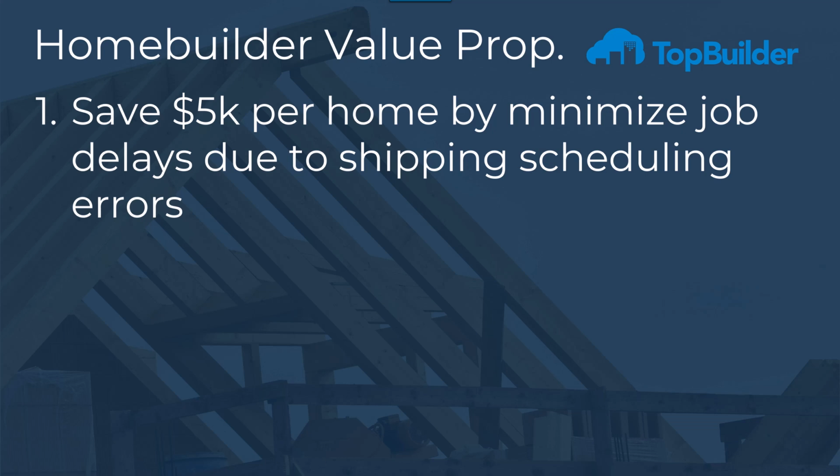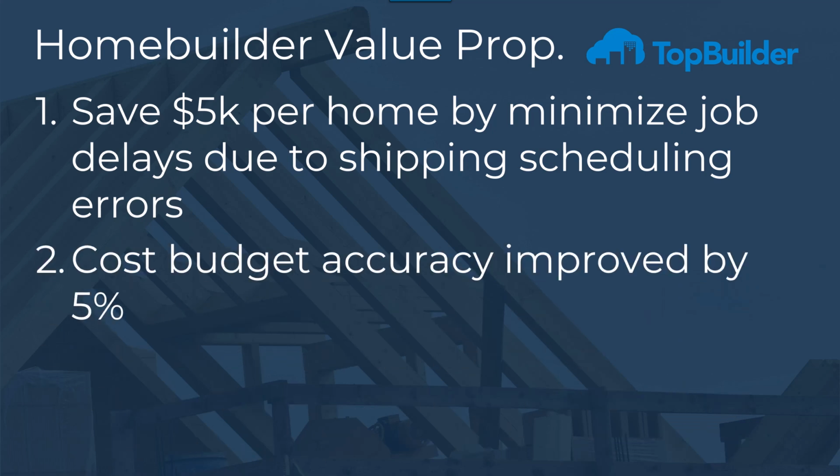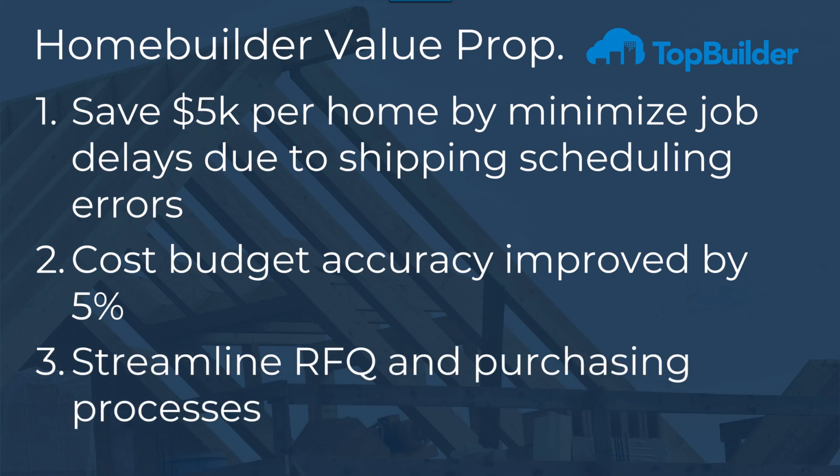We want to minimize or eliminate any of those delays. You'll be able to produce better cost budgets, and what we've seen improves your accuracy by 5% on the cost budgets. And you'll also be able to streamline your request for quote and purchasing process, because you'll get quicker, more accurate quotes from your subs.